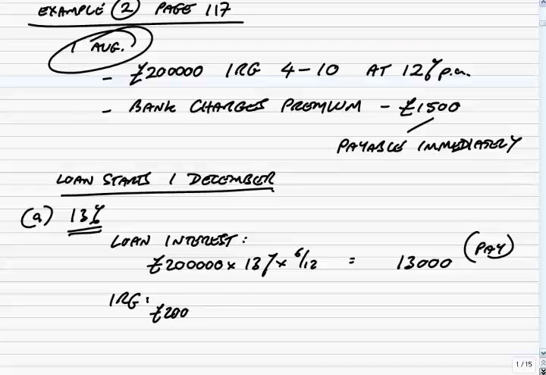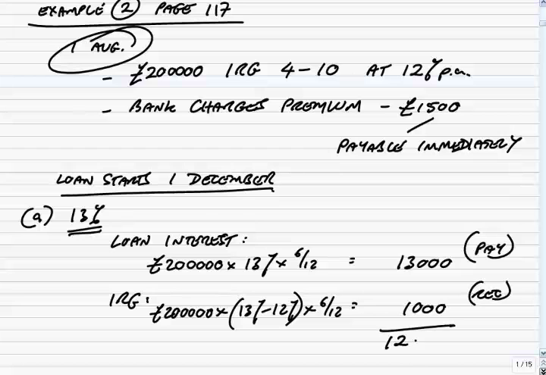The IRG was on 200,000. We've been charged 13, but we were limited to 12, for half a year. And so we'll get back, what is it, 1,000, I think? It's a bit embarrassing. 1% for half a year, yeah, we'll get back 1,000.